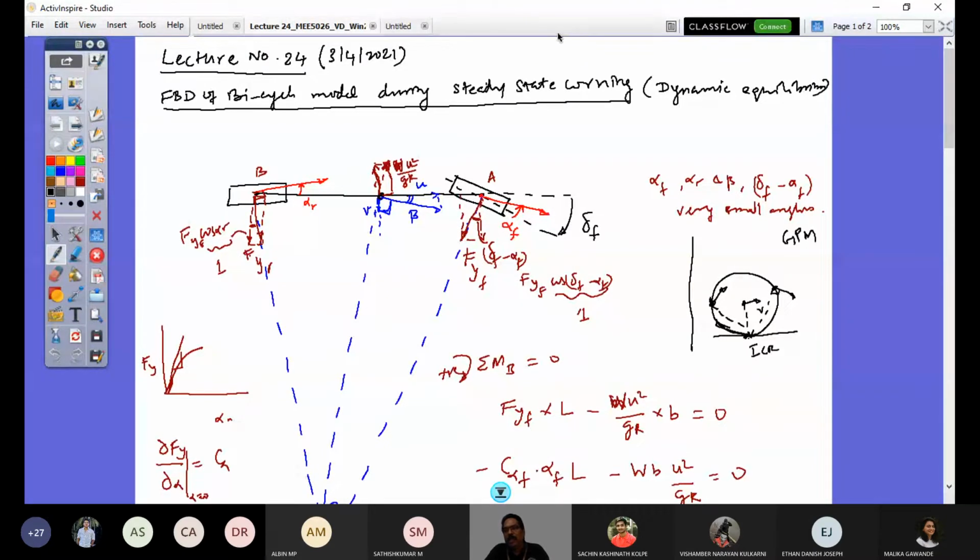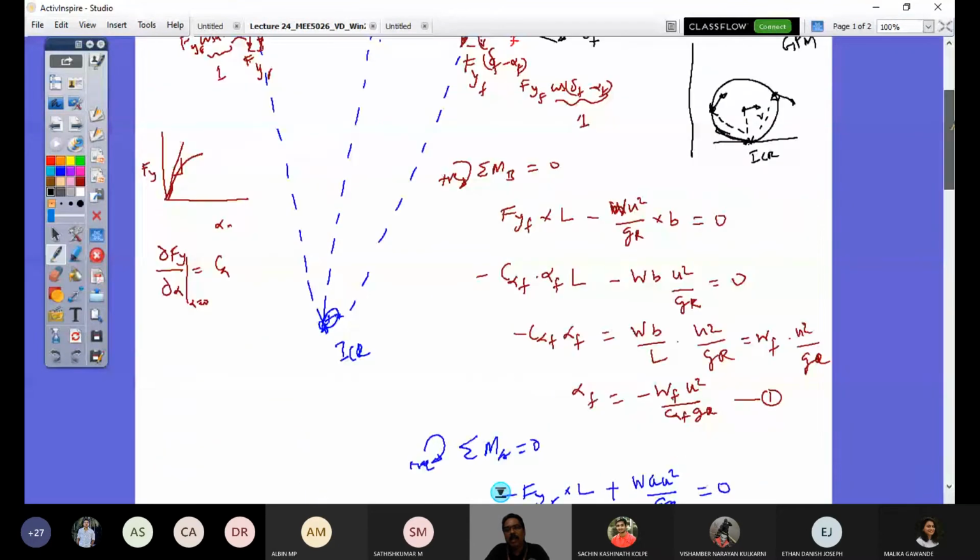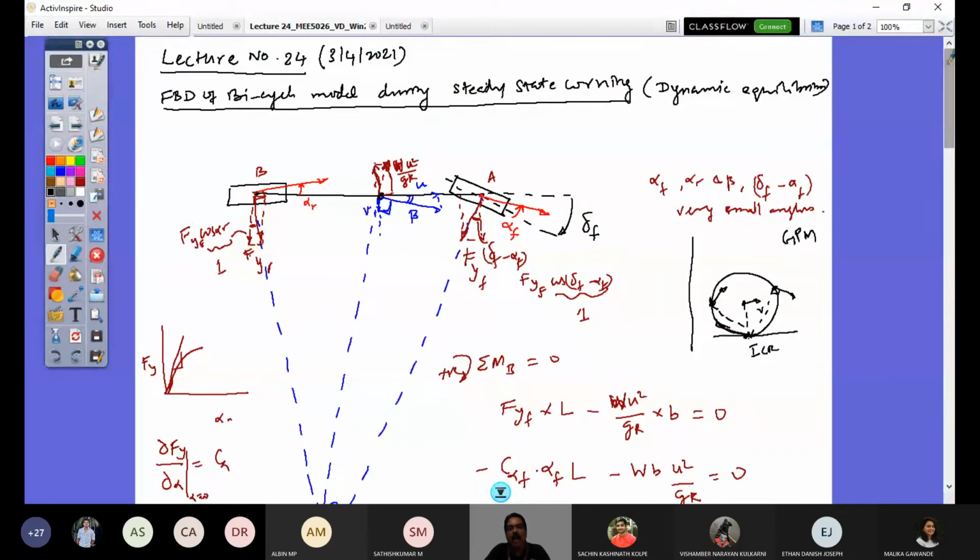So what do we mean by steady state motion? It is the motion where the motion parameters do not vary as a function of time. For example, here the motion parameters are U, V, and R. They are going to be constant. When U and V are constant, the vehicle body slip angle beta is constant.